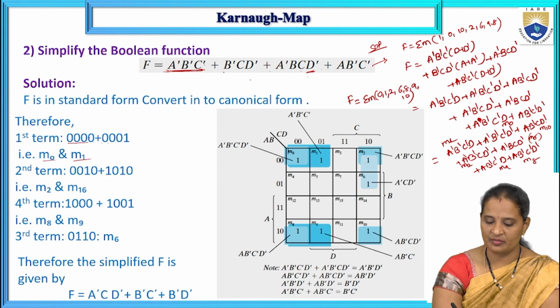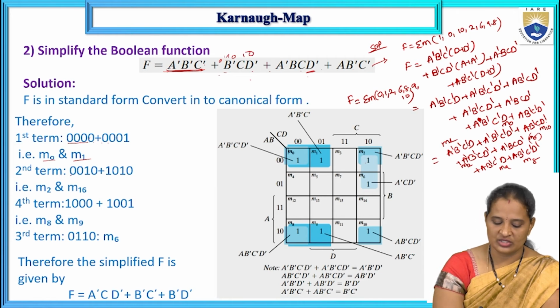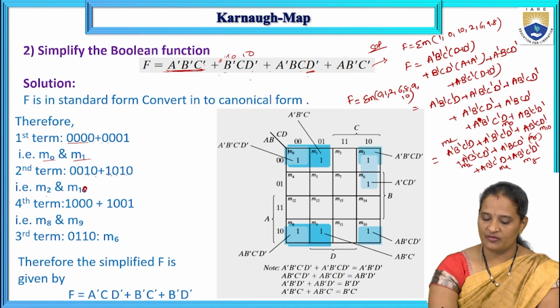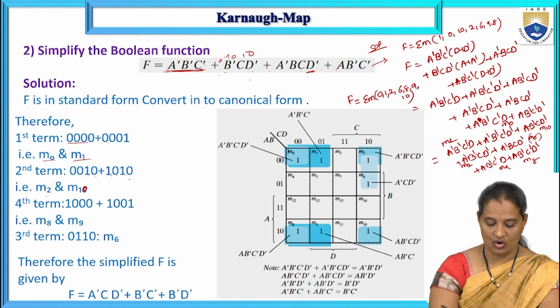Next, take the second term. Which one is missing? A is missing. The A value may be either 0 or 1, whereas the B value is 0, C is 1, D is 0. So 0, 0, 1, 0 and 1, 0, 1, 0. So 0, 0, 1, 0 is M2 and 1, 0, 1, 0 is M10. Next, the fourth term we have as it is, that is AB complement C complement.